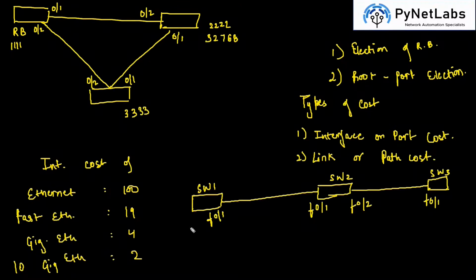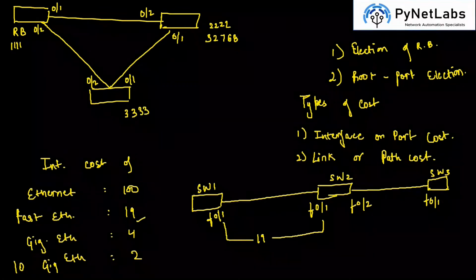If we look into this table, we know that the cost for fast Ethernet ports is 19, right? So can I say that the cost to travel from switch 1 to switch 2 will be 19? And is it clear to you guys till now? Okay, great.